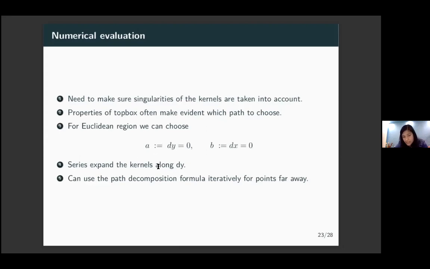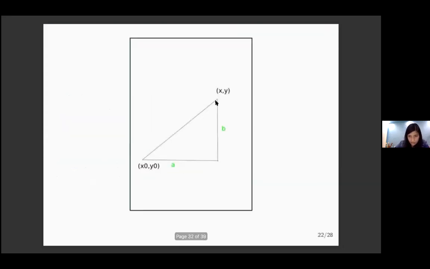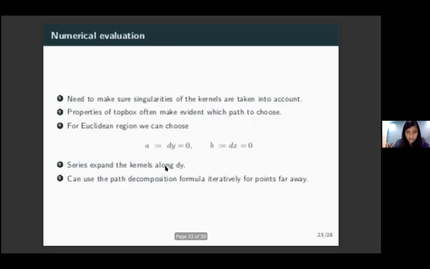For the second path, for example along y, we could use a series expansion in y. If the point is very close to y0, you can just use one expansion. But if the point is farther, you can use a higher series expansion, or even more paths, and use the path decomposition formula recursively to get the final result.